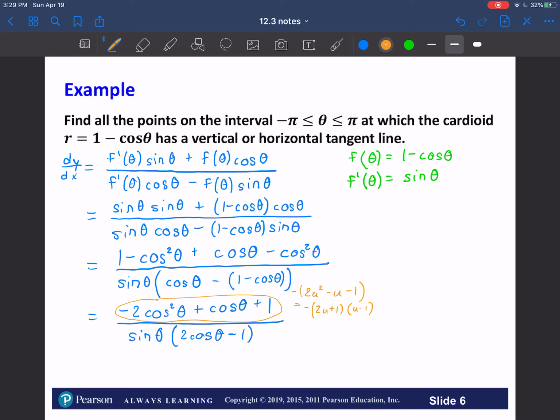Alright, and so with that in mind, we can rewrite this entire numerator as negative 2 cosine theta plus 1 times cosine theta minus 1 divided by, and on bottom we have sine of theta and 2 cosine theta minus 1.